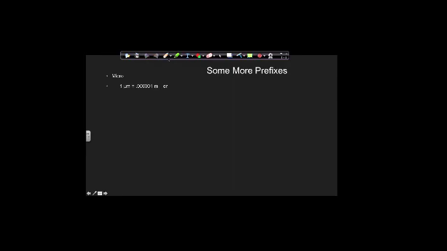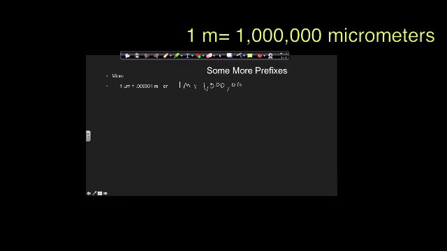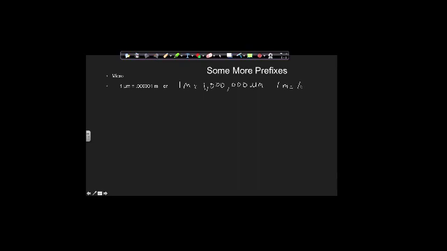I don't like having to remember how many zeros that is, so you can also say that 1 meter is equal to a million micrometers. I can also say this, and we're going to talk more about this when we get to some conversions. This would actually be the same thing here.